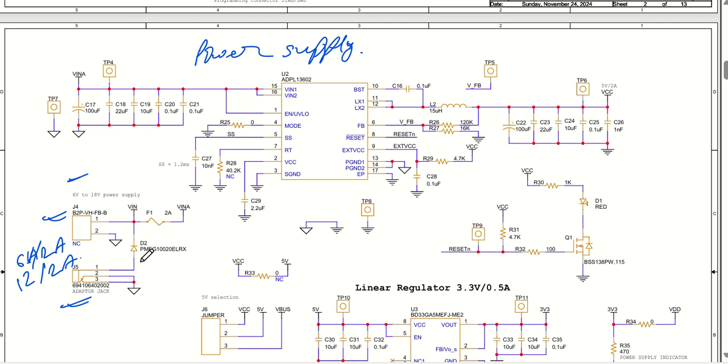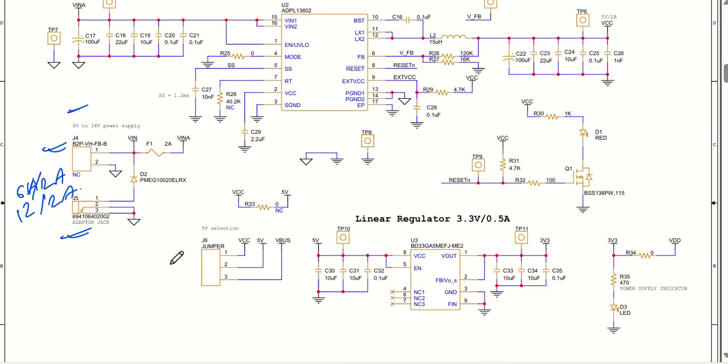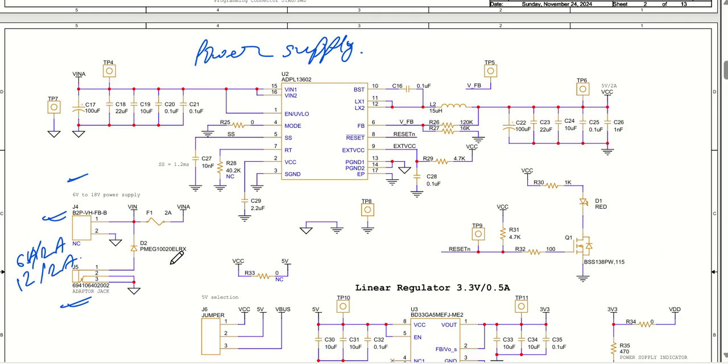It has been protected with a diode so that current doesn't flow in the reverse direction. Another thing is, after this VIN A, it is going to go into this particular switching regulator. This switching regulator is going to give you a 5 volt 2 ampere output at this particular point. This is a very nice switching regulator from Analog Devices.